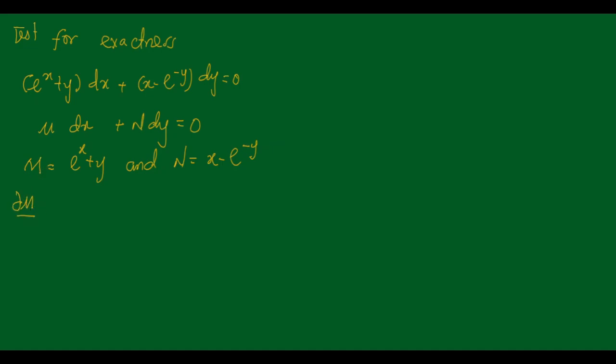So dM/dy is going to be equal to 1 and dN/dx is also equal to 1. Therefore, dM/dy is the same thing as dN/dx, which is equal to 1. So this confirms that the given equation is an exact differential equation.